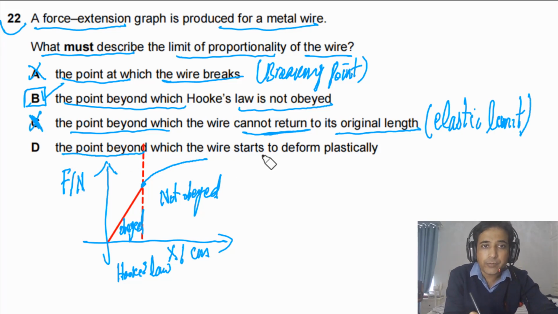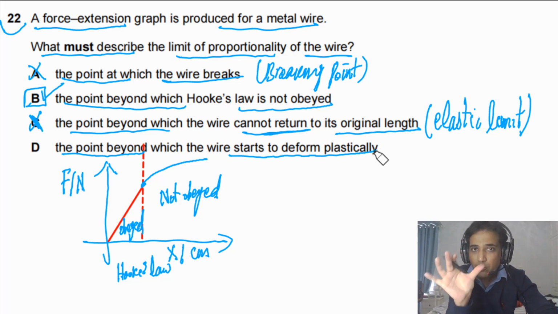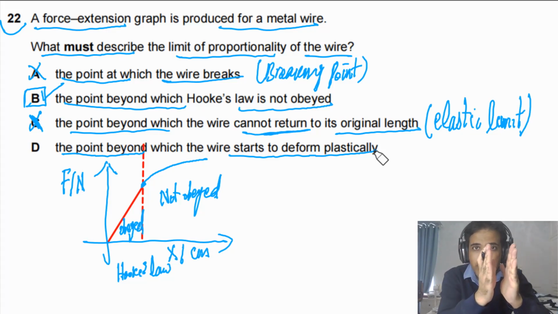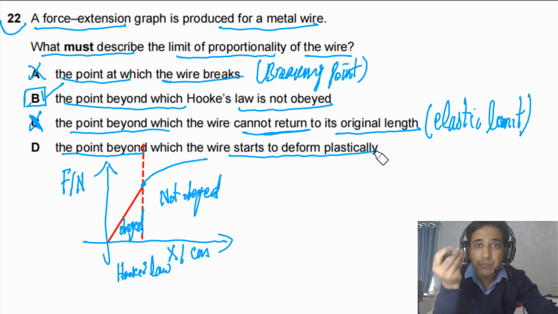The point beyond which the wire starts to deform plastically is also the elastic limit. Before that point it is behaving elastically, after that it starts behaving plastically, so that point is also the elastic limit.